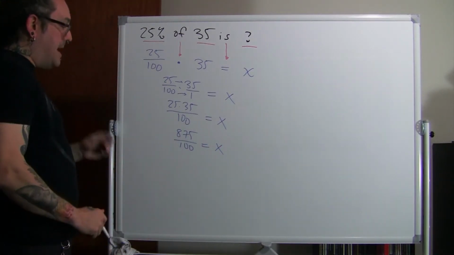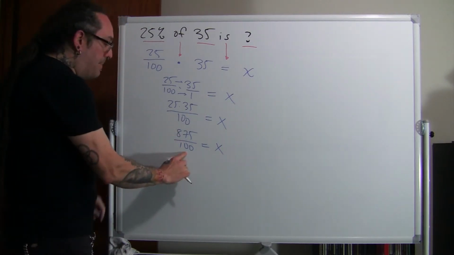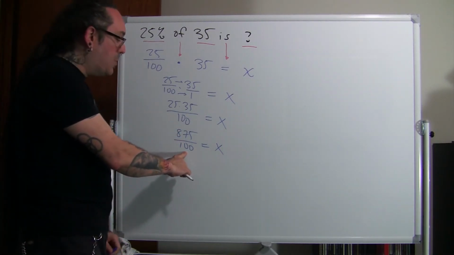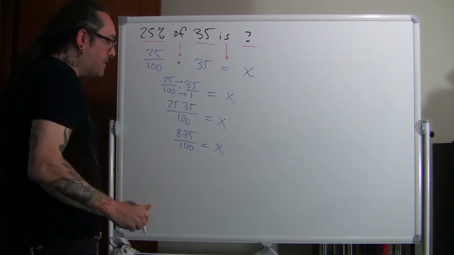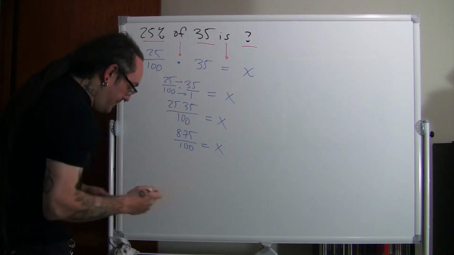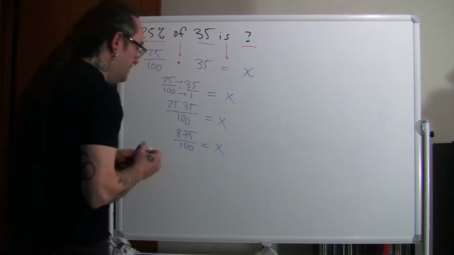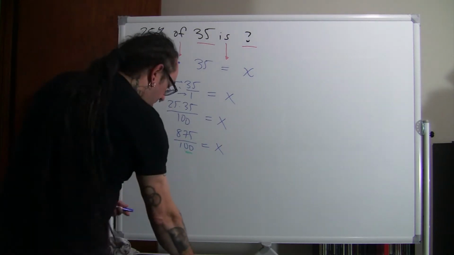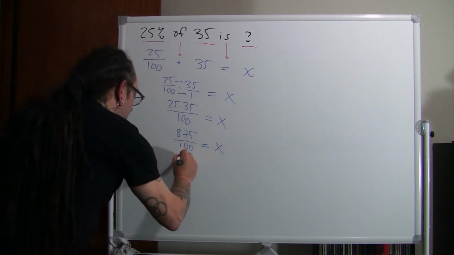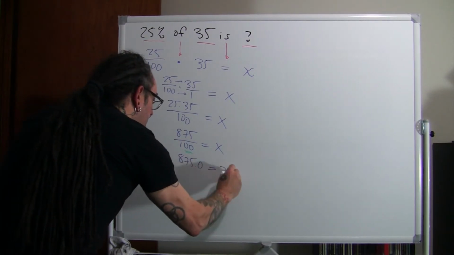Now here's a simple trick for dividing by a power of 10, dividing by 1, 10, 100, 1,000, etc. How many zeros do I have? I have 2 zeros. So if I'm dividing by 100, I really want to just write whatever the numerator is, 875 as a decimal.